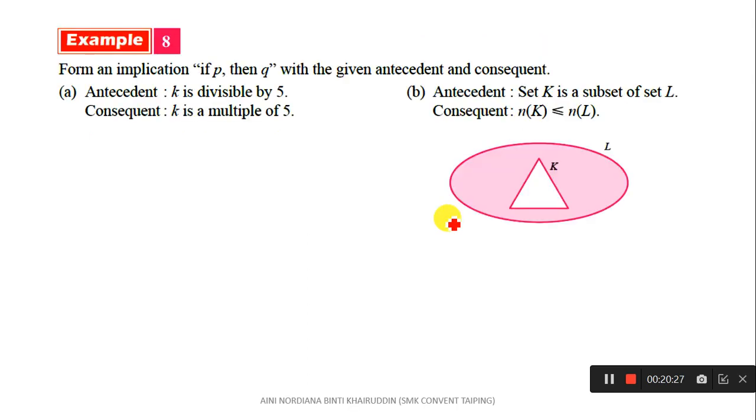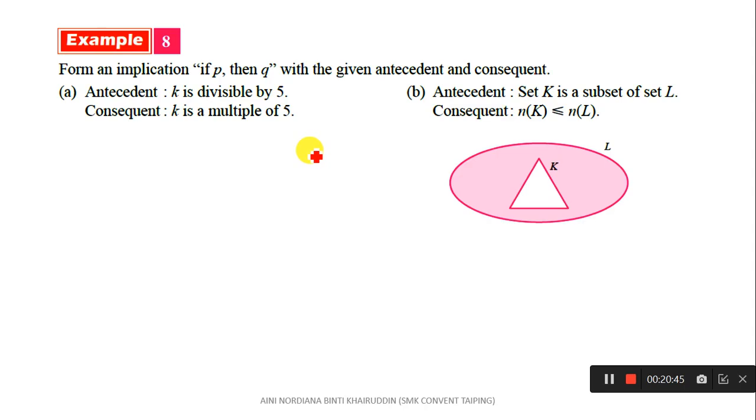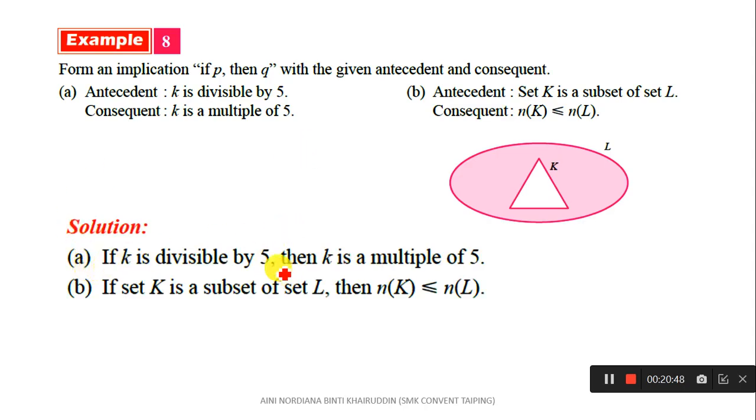Okay, have a look at this example. Form an implication if P then Q with the given antecedent and consequent. Just now, P is the antecedent, Q is the consequent. So for A, you just add the word if and then. So, if P, then Q. P is the antecedent, Q is the consequent.